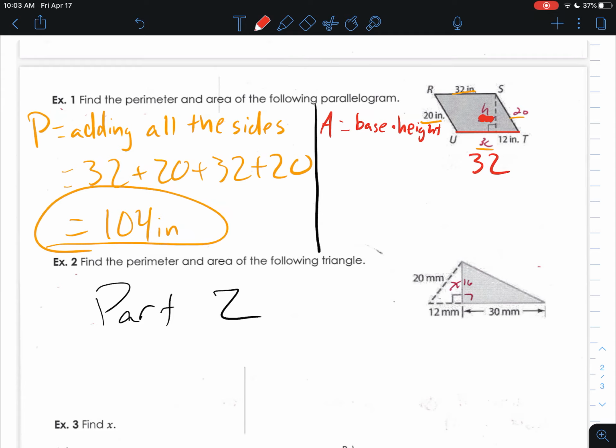So first thing in parallelograms that we need to understand is that there's 2 triangles. And to be more specific, there's actually 2 right triangles. So we have our 2 lengths.